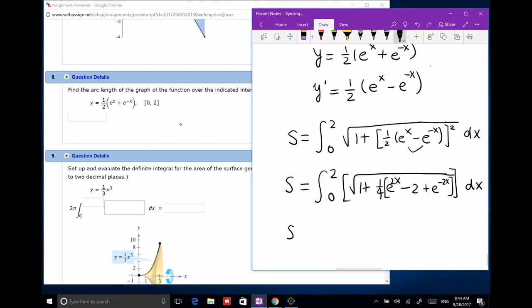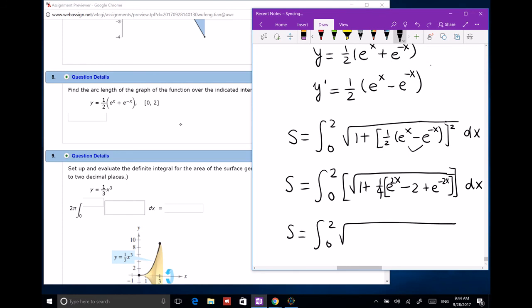Okay, this s equals from 0 to 2 square root of 1/4 e to 2x. Since this is minus 1/2, add 1, so it's plus 1/2 plus 1/4 e to negative 2x dx.